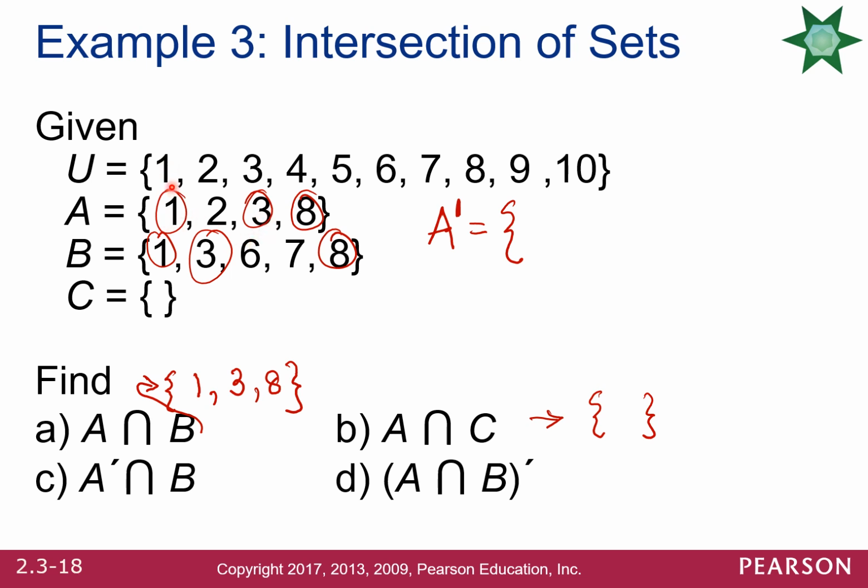So 1 is there, 2 is there, and 3 is there, and 8 is there, right? So I'm going to mark these values before I start writing them. 4, 5, 6, 7, 9, and 10 are A dash, A complement. So I'm going to list those first. 4, 5, 6, 7, 9, and 10, correct?